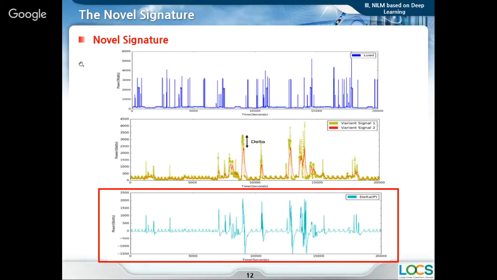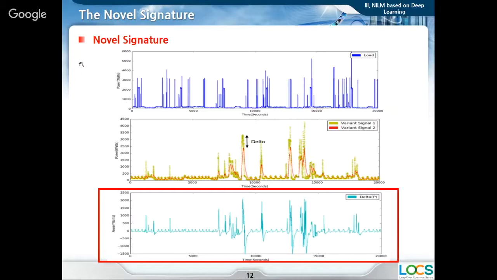The first graph is the original power signal, and the second graph shows two variant power signals in one graph. After the subtraction operation, we calculate the novel signatures, which are in the third graph.